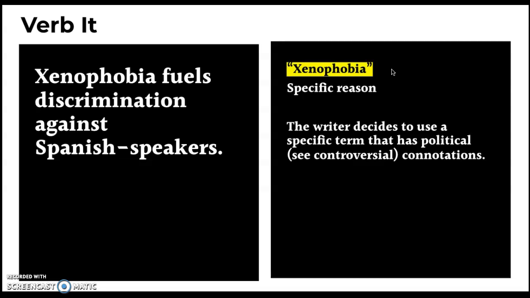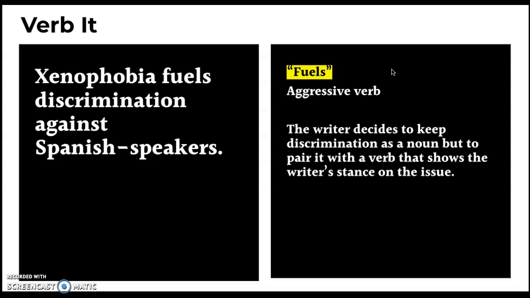I'm fascinated by X and Z words. So fuels, right, is an aggressive verb. You think fuels, you think something about power, maybe even fire, right? So the writer decides to keep discrimination as a noun, but to pair it with a verb that shows the writer's stance on the issue. Fuels discrimination. So in the first part of the sentence, the first three words are doing a lot of work.